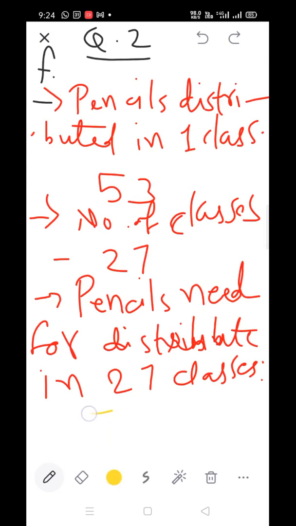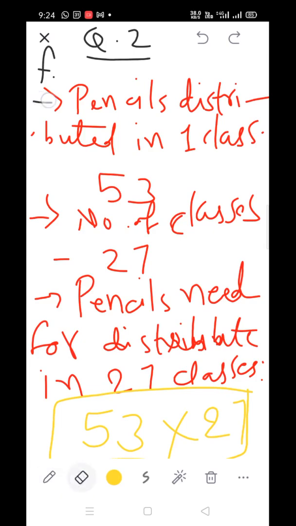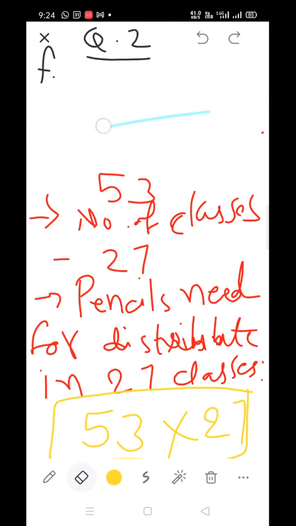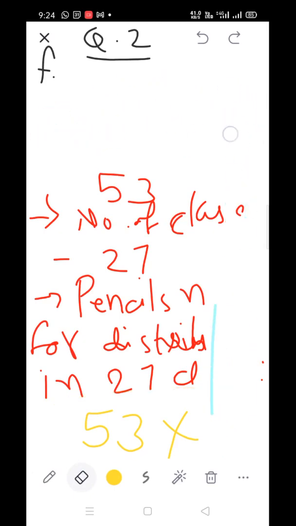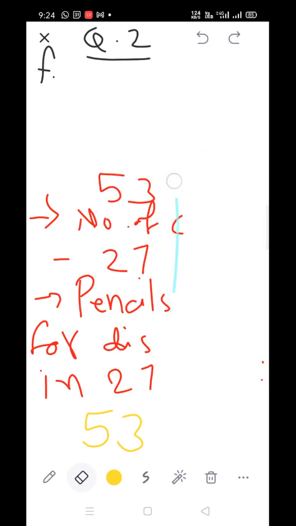Last we are writing 53 multiply by 27. We got the horizontal form. 53 multiply by 27. So we will arrange it vertically.